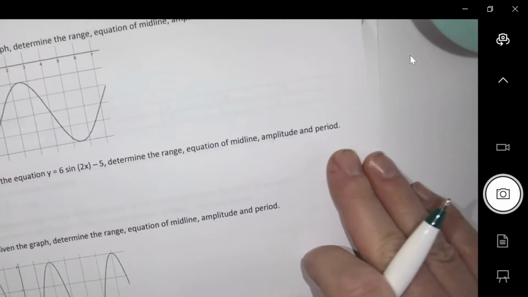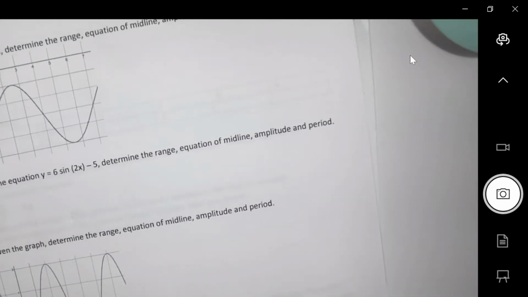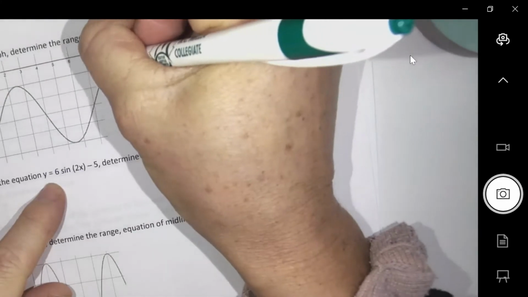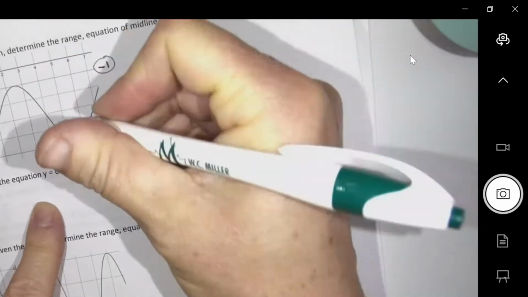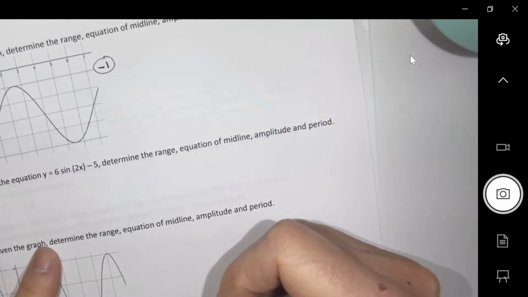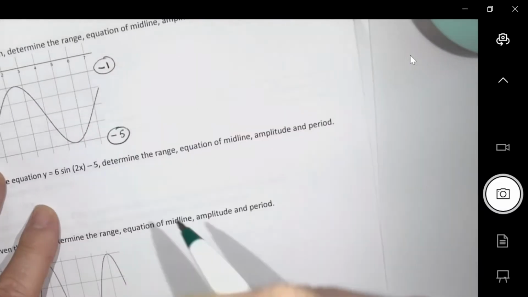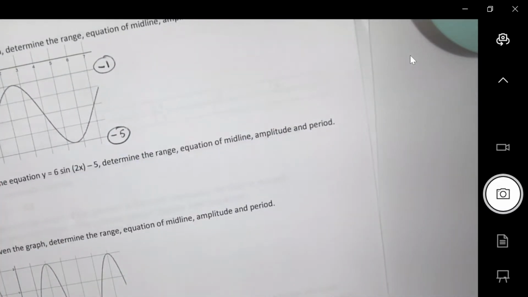Number 2, we have to get the info about it. So I'm going to start labeling some things. So I'm going to go like that because -1 is the highest height. And I'm going to go like that because -5 is the lowest height.